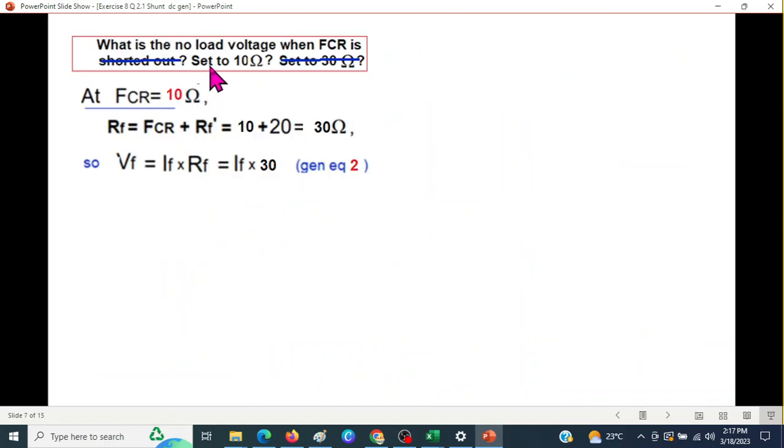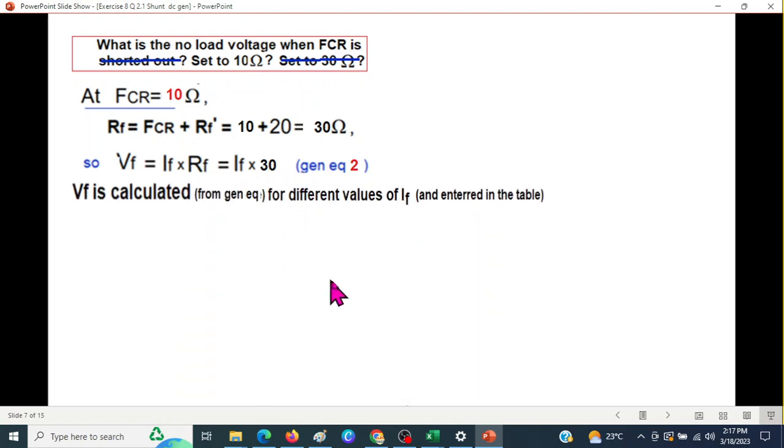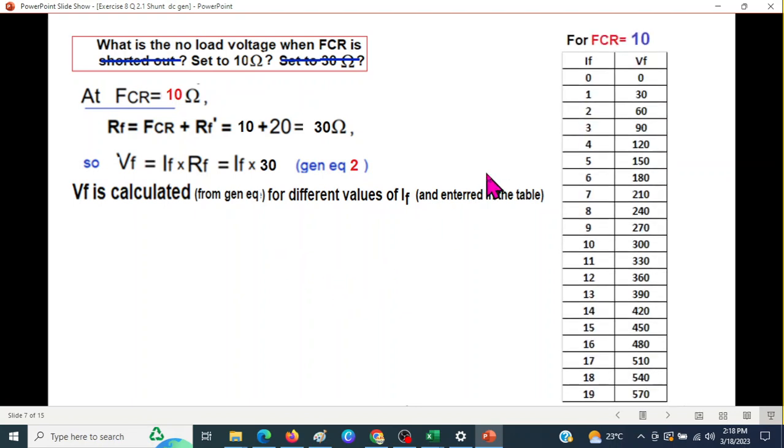Okay, the next is when the FCR is set to 10 ohm, we follow the same technique. Now FCR is 10, RF is 30, then our VF equation will be this. And here also we'll put various values of IF to get the table. Now this is the table for FCR 10.